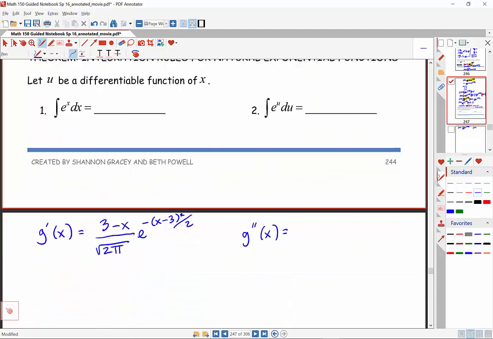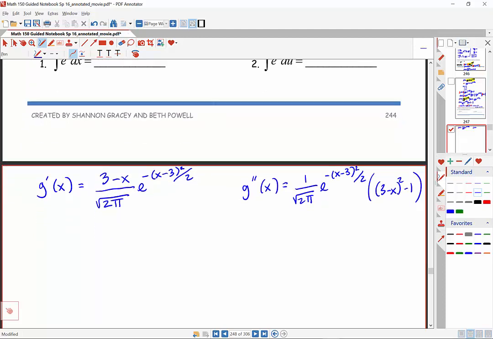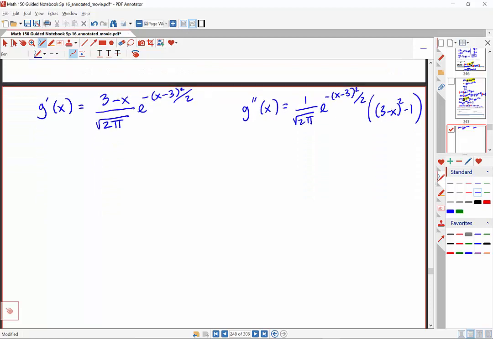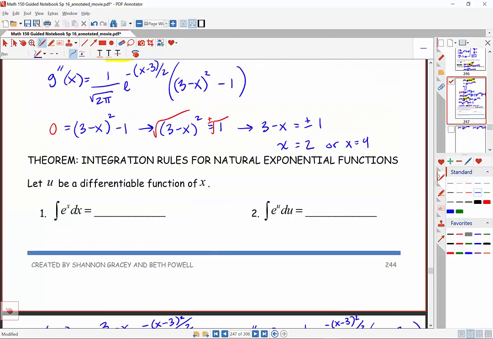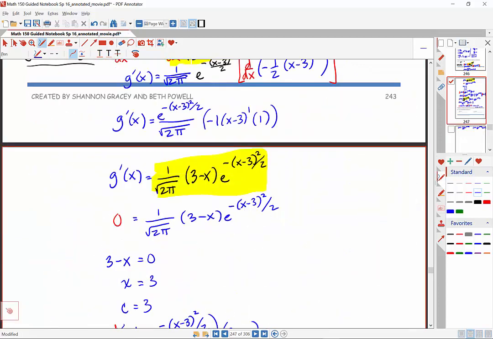So we had 1 over root 2 pi times e to the negative x minus 3 quantity squared over 2 times 3 minus x squared minus 1. And our zeros from the first derivative, that one was so long ago, 3.